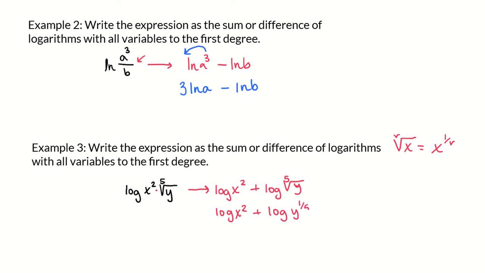And now we can use the power property with both of these pieces and move the powers to the front of their respective logarithms. That would be 2 log of x plus 1/5 log of y. And now this is written as a sum or difference of separate logarithms with each variable to the first degree.